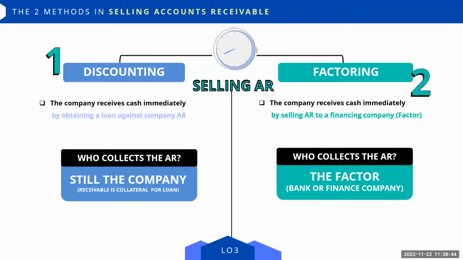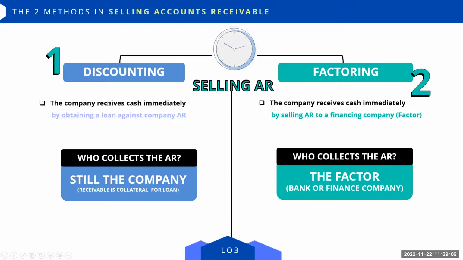The way to sell your AR is either by discounting or factoring. But the idea here is that for discounting, who collects the AR? Si company pa rin. Right? Pero sa factoring, the one who will collect the AR would be the factor or the bank or finance company.